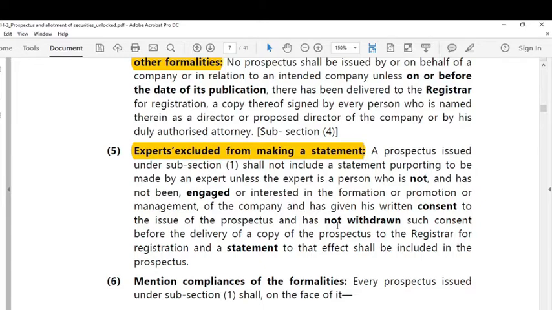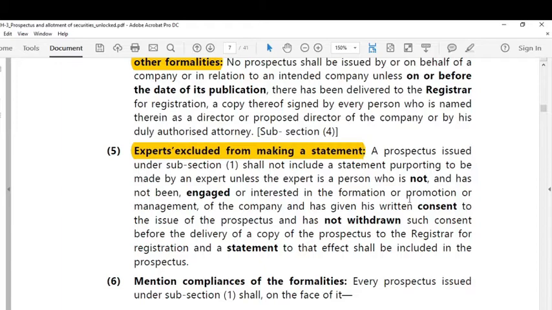A prospectus shall not include a statement made by an expert unless the expert is a person who is not engaged or interested in the formation, promotion or management of the company, and has given his written consent to the issue of the prospectus and has not withdrawn such consent before the delivery of a copy of the prospectus to the registrar for registration.